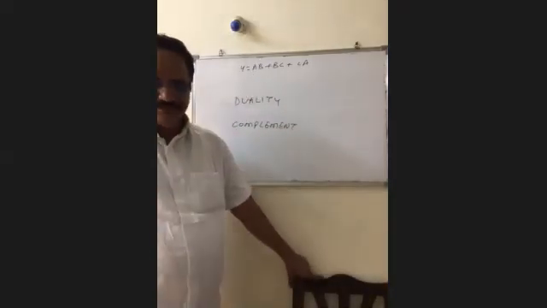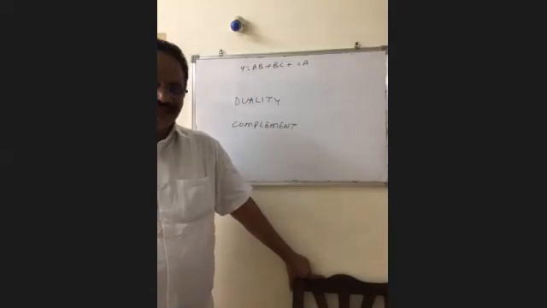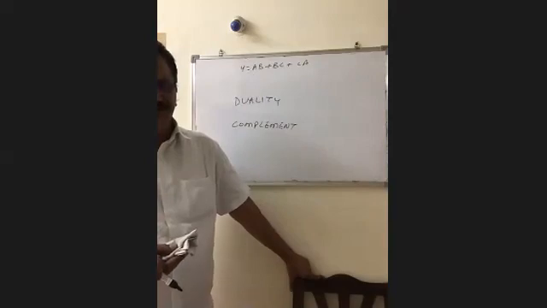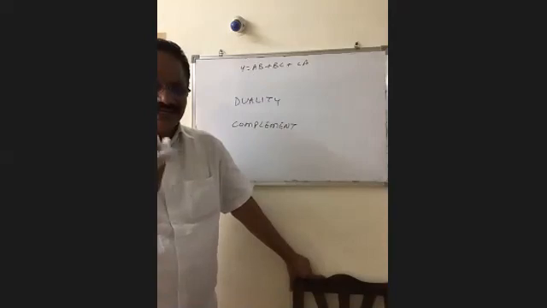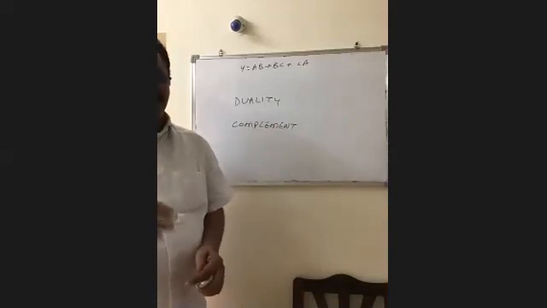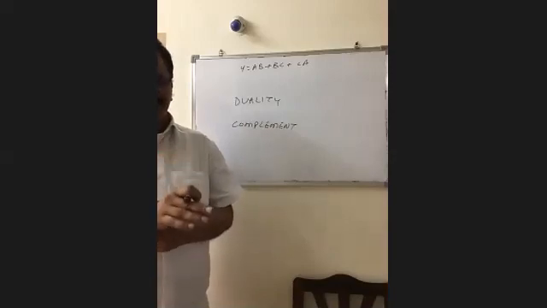And the complement. To obtain the complement of the given expression, we have to interchange AND and OR operations, zeros and ones, and invert each literal. What's the difference between duality and complement? In the case of duality, we only interchange AND and OR operations, and zeros and ones.